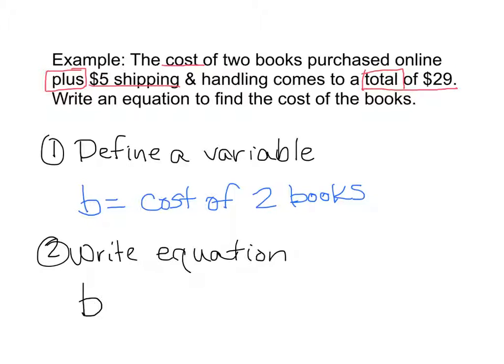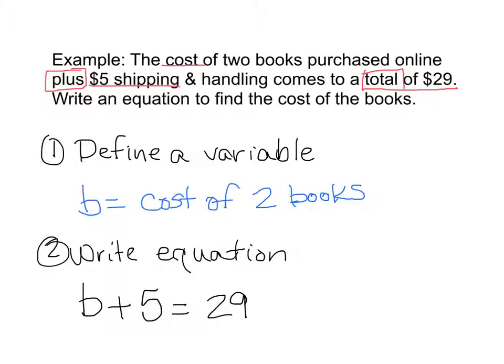What do I do next? Plus 5. And then my total, how do I represent that? Equals $29.